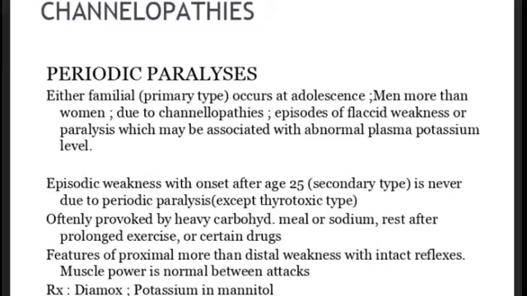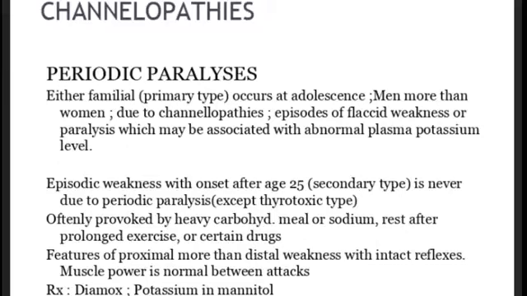The familial primary type occurs at adolescence, which is due to channelopathies, which are inherited abnormalities of the ion channel in striated muscles. Men are affected more than women, with episodes of flaccid weakness or paralysis, which may be associated with abnormal plasma potassium level. The power is normal between the attacks, and the most common type is hypokalemic periodic paralysis.